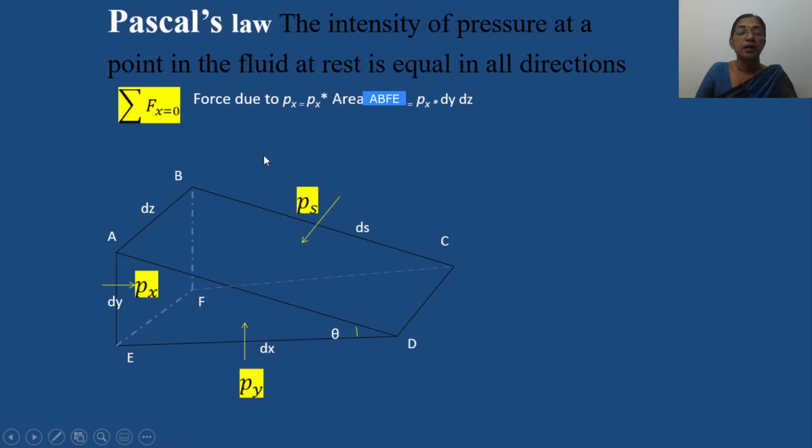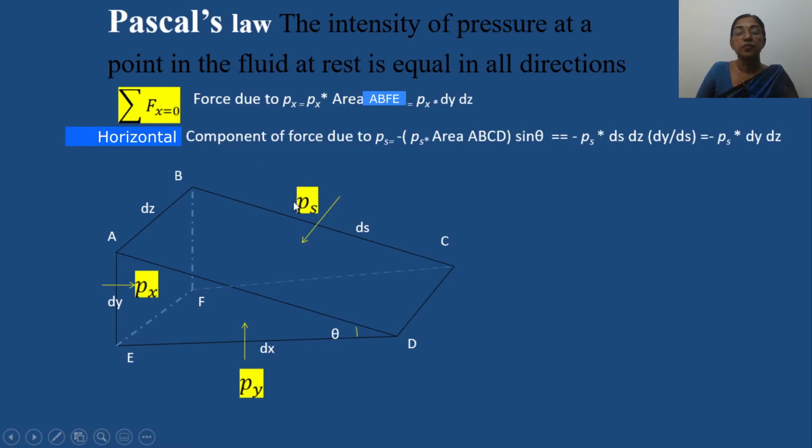So if you are considering the component of this force Ps in x direction, that is equal to Ps into area ABCD into, because we are considering the horizontal component, it is multiplied with sine theta, where theta is the angle made by this plane with respect to the horizontal. So sine theta equals dy by ds.